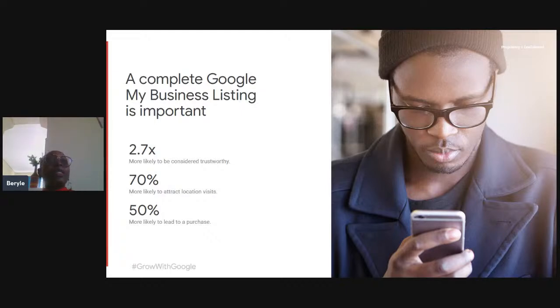So it's very hard for a scam business to have a GMB, because there's a process that goes into verifying the authenticity of that business.